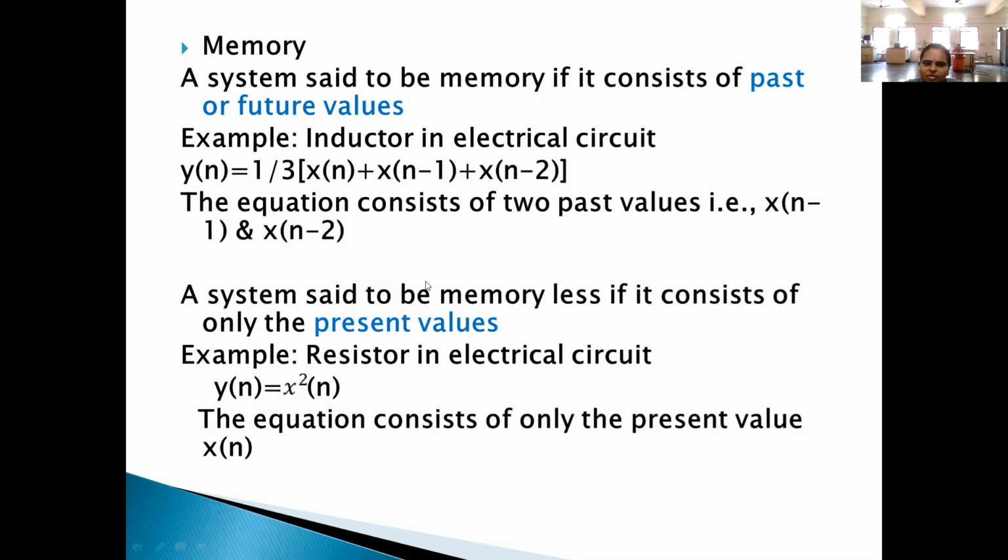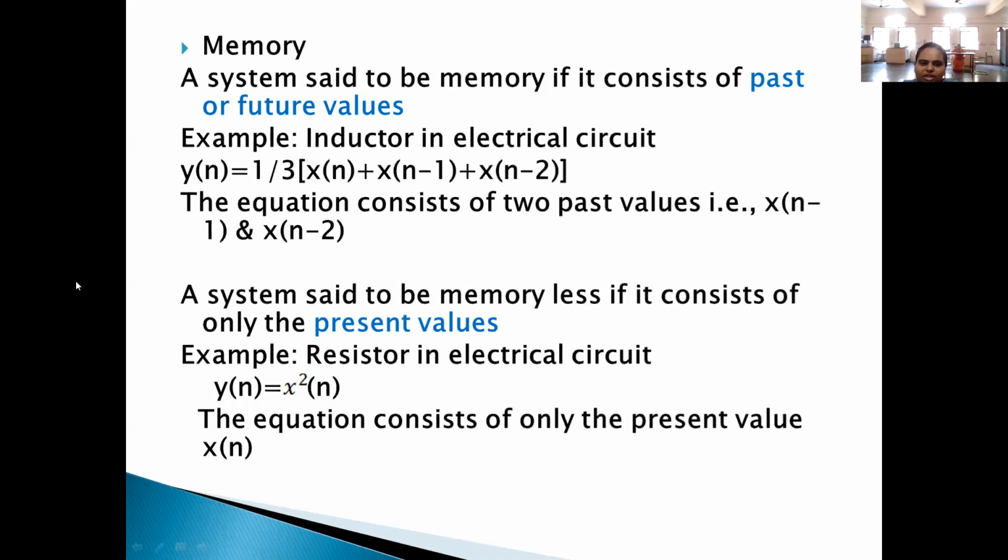Next, a system is said to be memoryless if it consists of only the present value. Then it is called memoryless. The example, resistors in an electrical circuit. How much voltage you apply, and what current flows in the resistor, and what value, how much deflection the meters show, it will show that only.